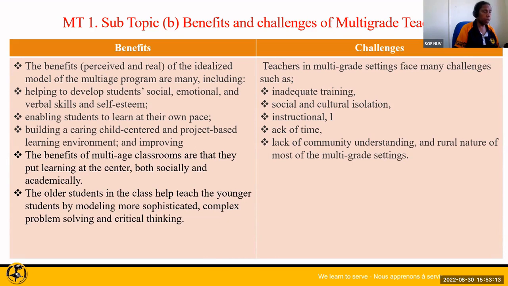Sometimes communities do not understand that multi-grade is challenging, that we still need help, either to supervise, to assist, or just to make sure that learning is happening. So as these challenges arise, sometimes it becomes too much for the teacher unless they sit well.